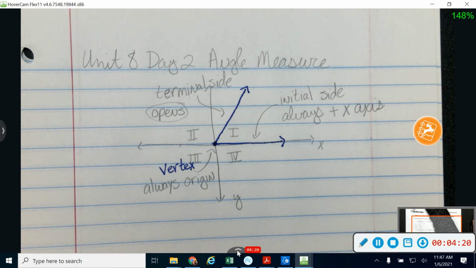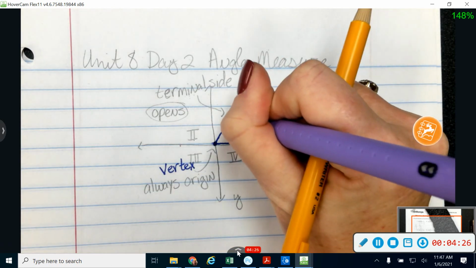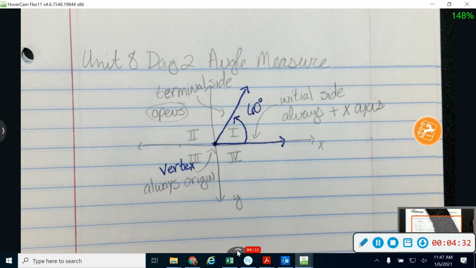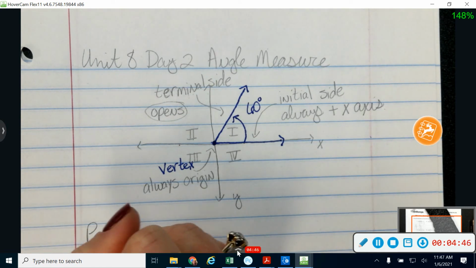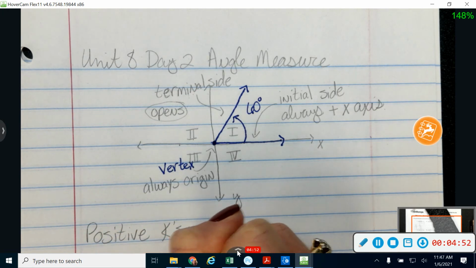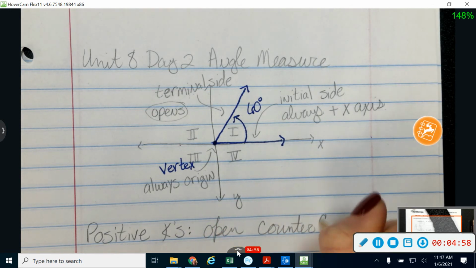Okay, I'm going to say just an estimation of that angle, that it opened this direction, which is going to be important in just a minute, and made, let's say, a 60-degree angle. It might be a little closer to 70, but let's just pretend it's a 60-degree angle. I'm going to say that it's positive 60 because positive angles on a coordinate plane open in a counterclockwise direction.